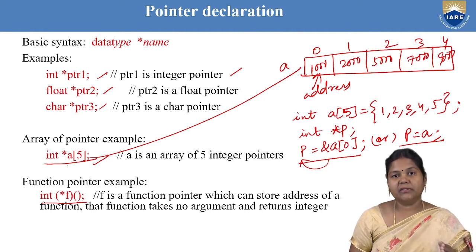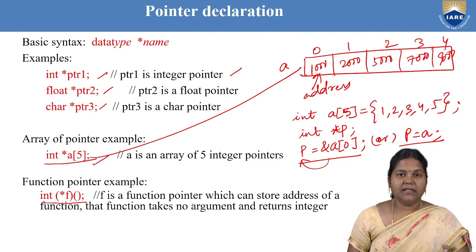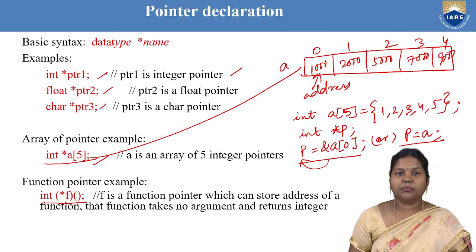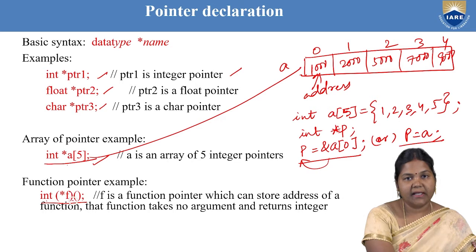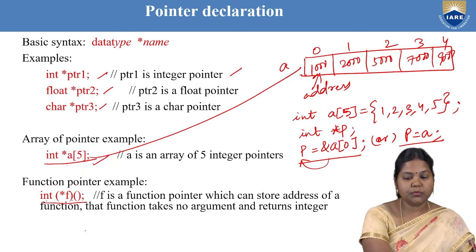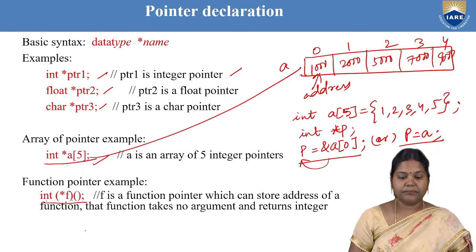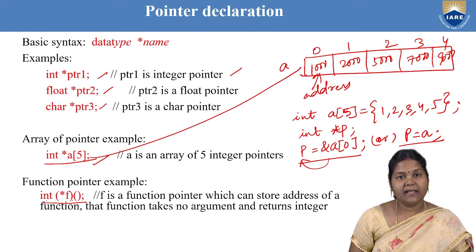For the category of function you are using, if you want to store its address, then you need to declare a similar kind of function pointer. So you can see over here, int star f is a function pointer which will store the address of a function, and that function takes no argument but returns an integer.